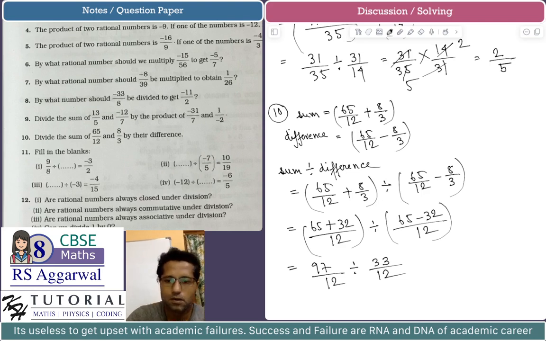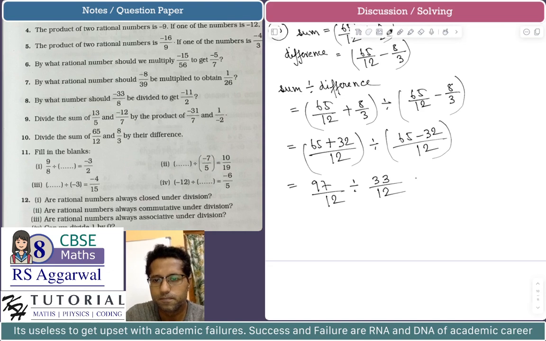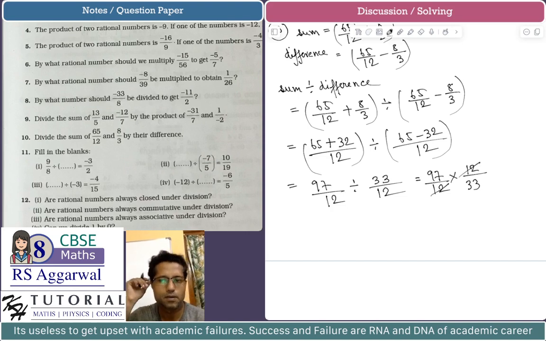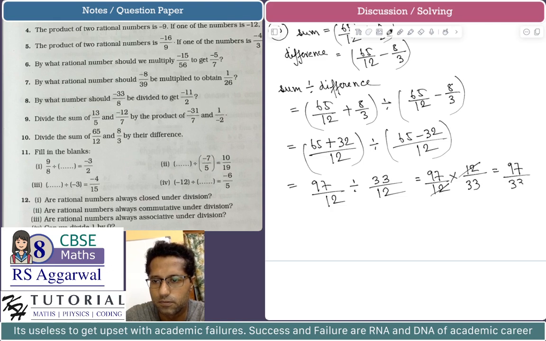Okay, so this is equal to 97 by 12 multiplied by 12 by 33. 12 cancels out, and we get 97 by 33. So this is equal to 97 by 33.